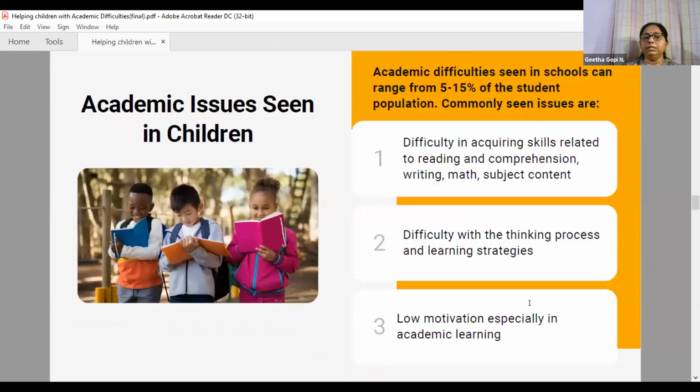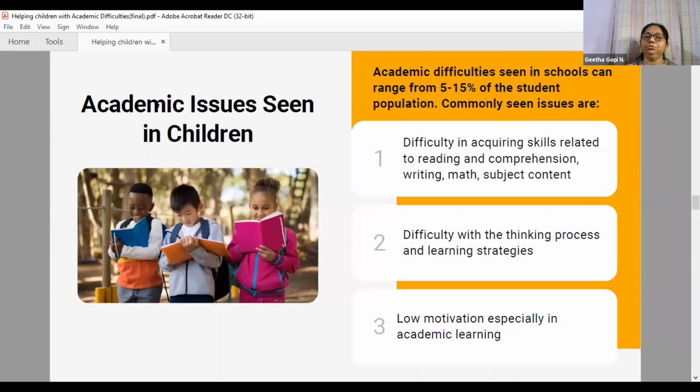Primarily, when we look at children having academic difficulties, most of the studies say about 5 to 15% of the student population have some form of academic difficulty or the other.